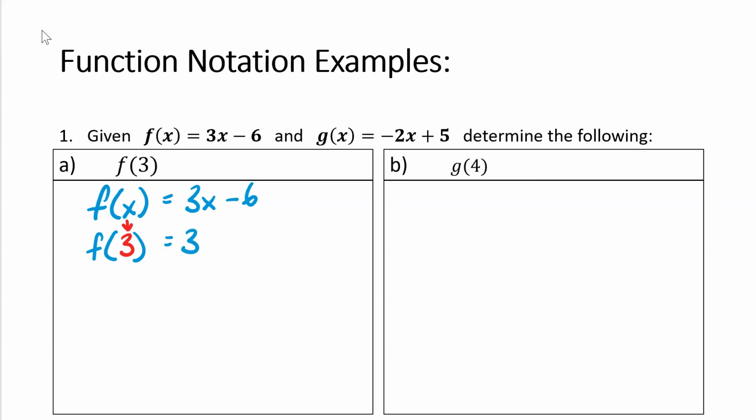So we have 3 times x, but your x is valued at 3, minus 6. So let's evaluate this. 3 times 3 is 9. 9 minus 6 is 3. So your function f, when x equals 3, equals 3.